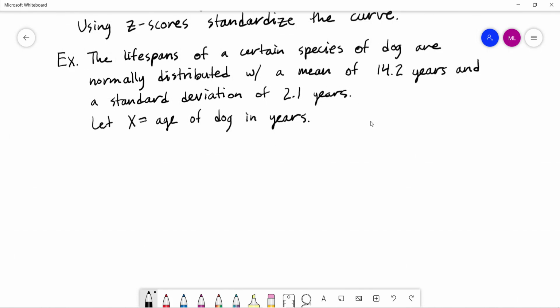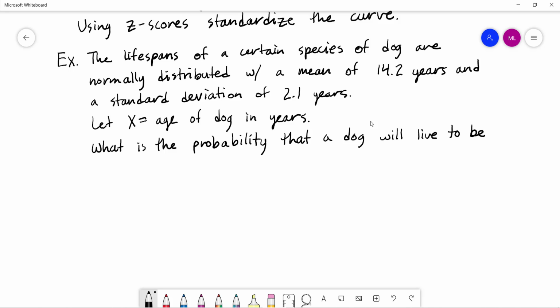So if I wanted to ask a question like, what is the probability that a dog will live to be at least, let's say, 16.3 years?